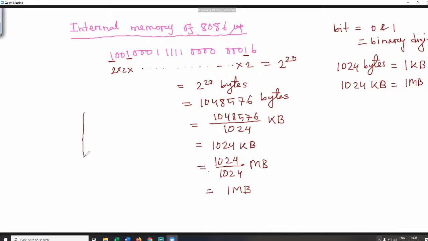So you have a box here. Suppose that is my internal memory. Internal memory is 1 megabyte, and internal memory means RAM and ROM.